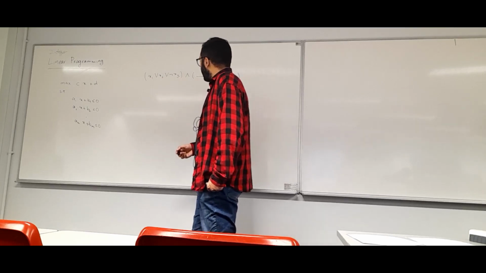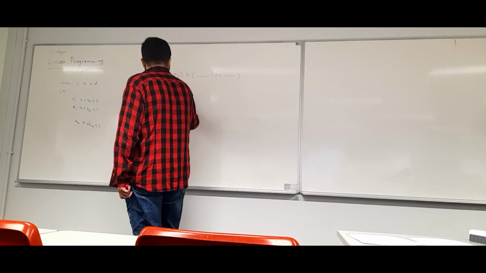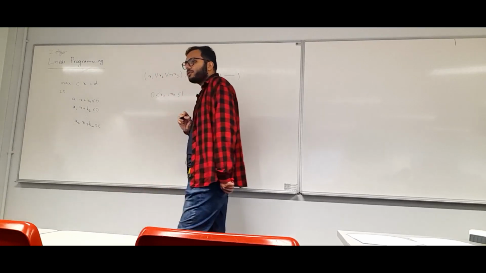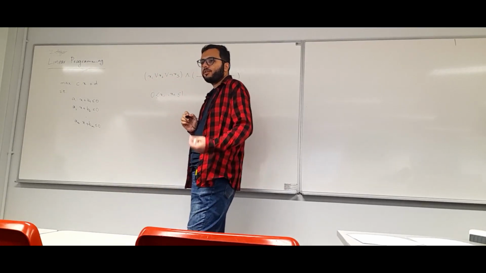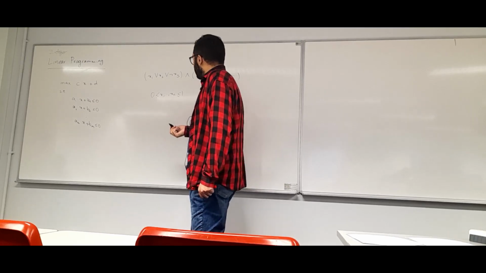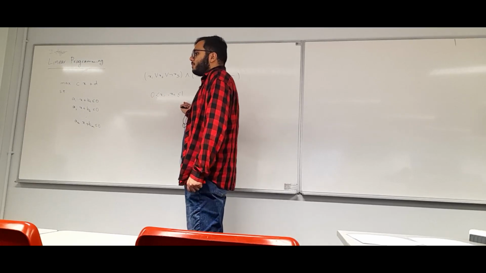And then I can say, okay, I have x1, x2 to xn, and all of these have to be integers, and I say that they all have to be between 0 and 1. So this ensures that I always give a value of either 0 or 1 to each one of my variables. So now I can basically treat my variables as Boolean because they are between 0 and 1.